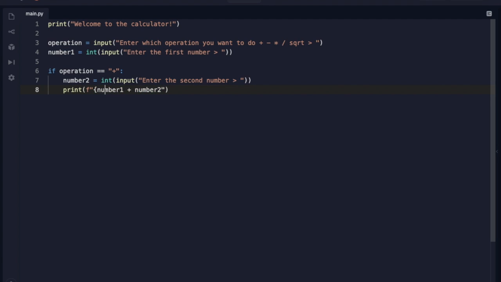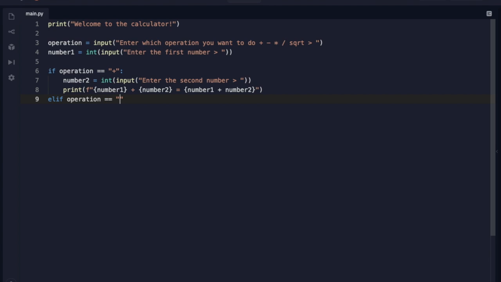So we're going to make an F string and put curly brackets around each of these variables that are user inputs, and then we're going to do space equals space, and then two curly brackets, and inside these curly brackets we are going to type in number 1 plus number 2.